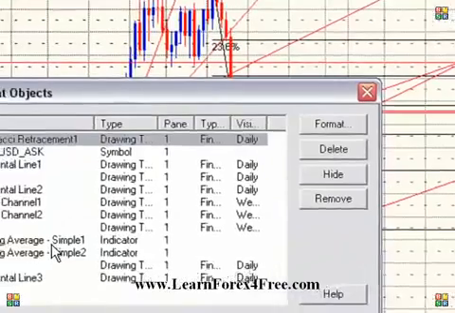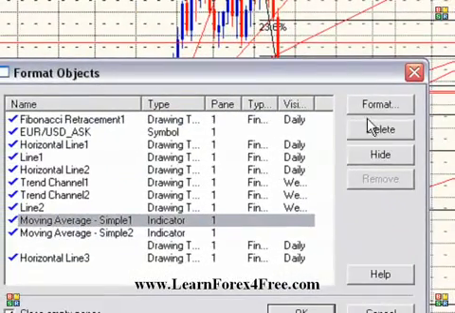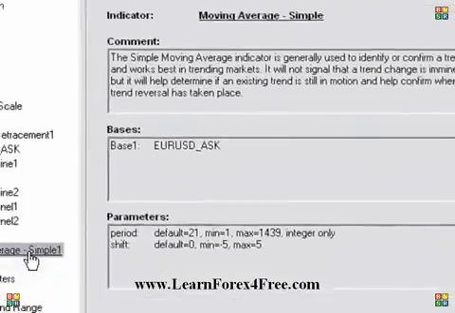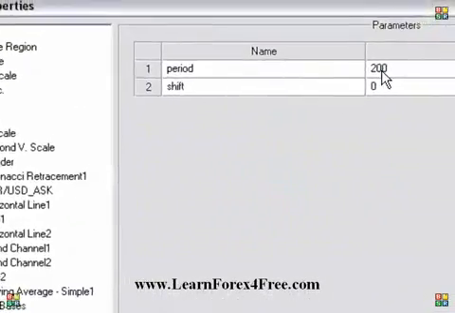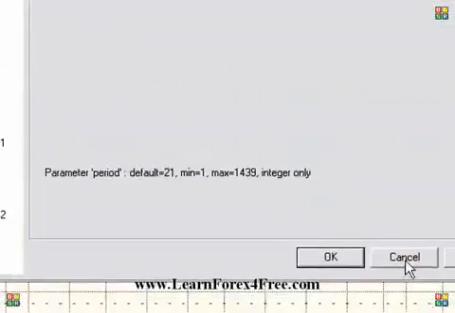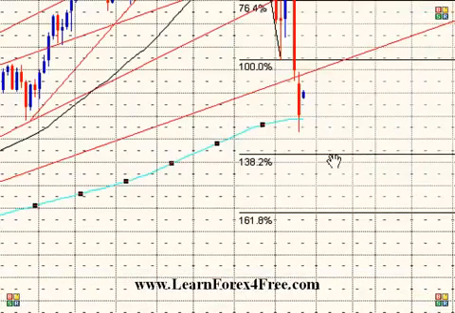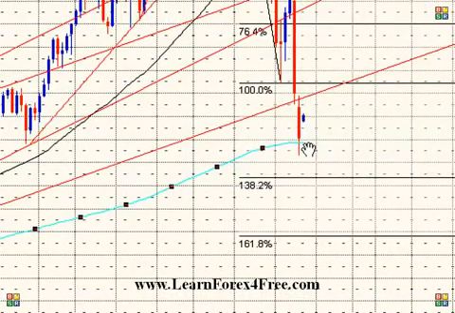You can see here a simple moving average, and that is my 200-day moving average. As you can see, price action reached the 200-day moving average, crossed it a bit, and now it has gapped up significantly.